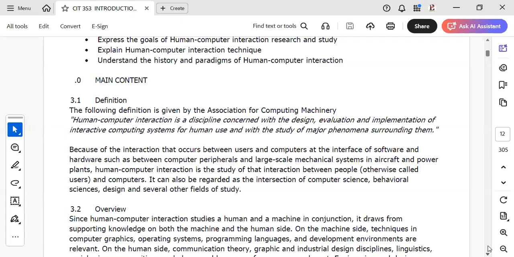That is the short form, HCI. The following definition is given by the Association of Computing Machinery. Very important. Not only knowing the definition, but we should know who gave the definition.